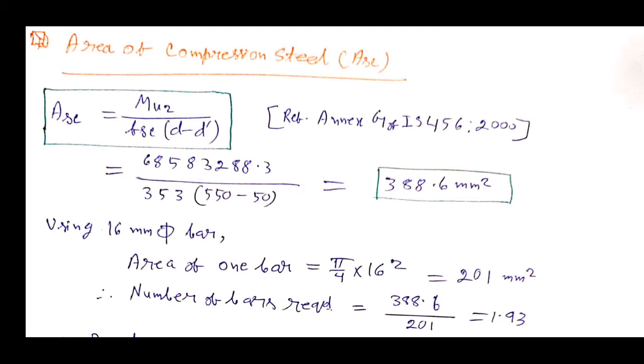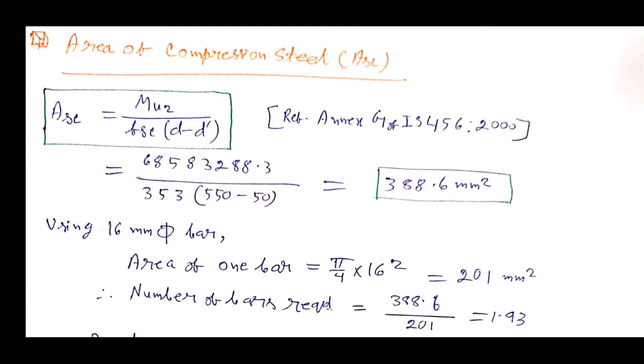These formulas were already given earlier. So we put the value of Mu2, that is 68583288.3, by Fsc, 353, multiplied by within bracket d, that is 550, minus d dash, that is 50.